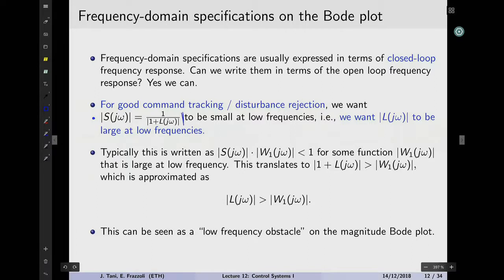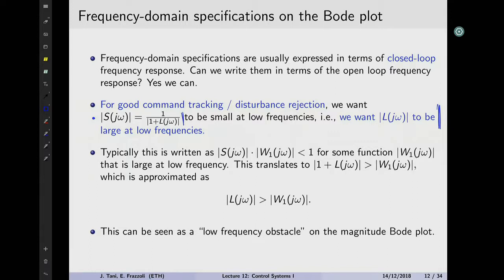If you look at it, this is 1 over 1 plus L. Well, if we want S to be small, L needs to be big, right? If L is infinity, S goes to 0. So this is the first big lesson. We want L to be big at low frequencies to have a small sensitivity function, which means good reference tracking and good disturbance rejection.